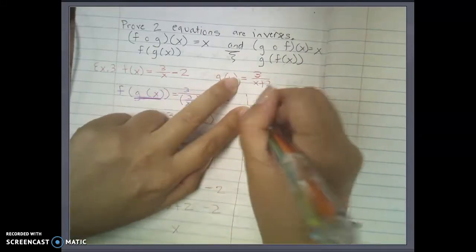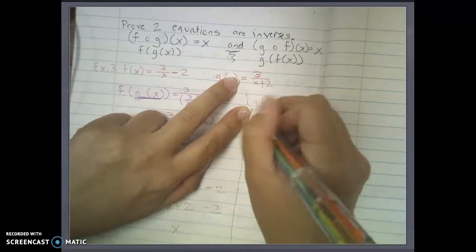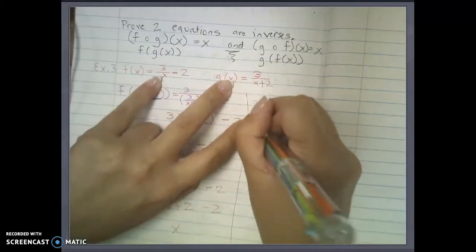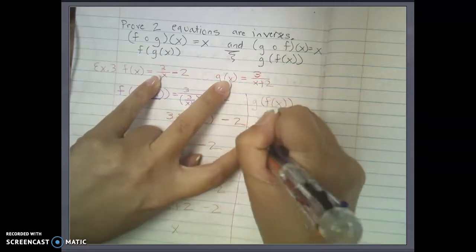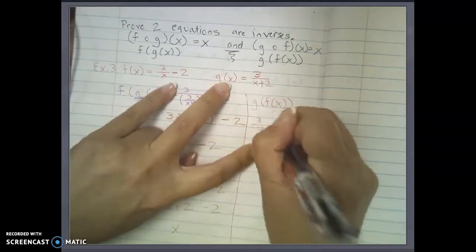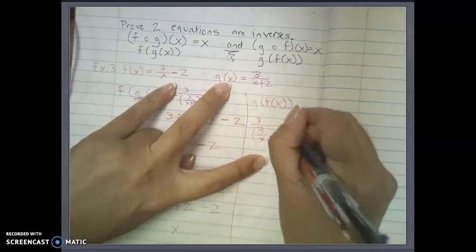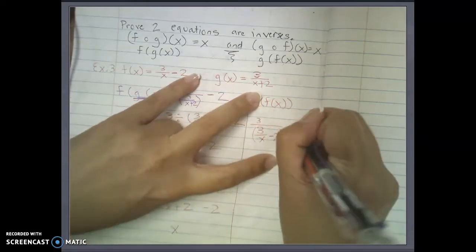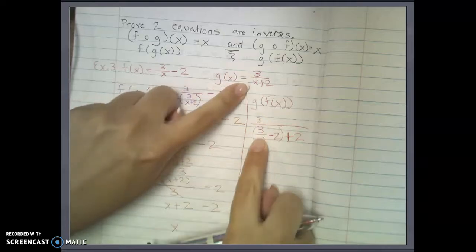So I'm going to start with g. So I have 3 over 3 over x minus 2. This is what I'm plugging in. And then I have this plus 2. This is the 3.